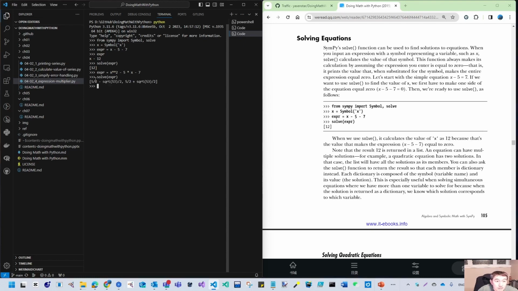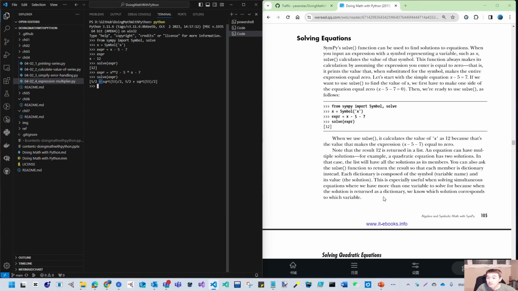You have this list, and the first value is 5 minus the square root of 33, divided by 2. The other is the plus; just the sign is different. So those are the two values.